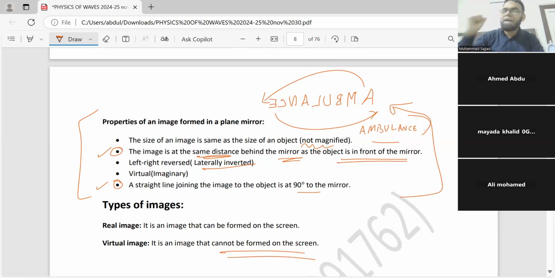We can judge the actual position of the car following us on the road in that mirror. If you touch the surface, both feel plane, but it is not the surface; it is the working, the function, which makes one mirror plane and the other a curved mirror. Please read all these points and then feel free to ask whatever question you want.